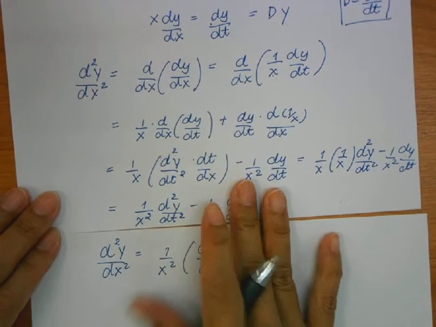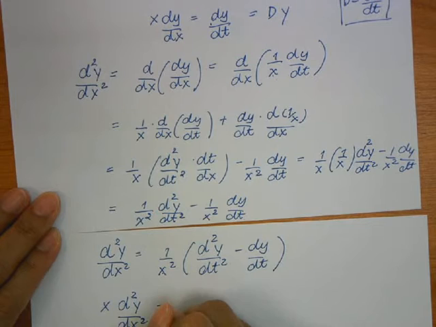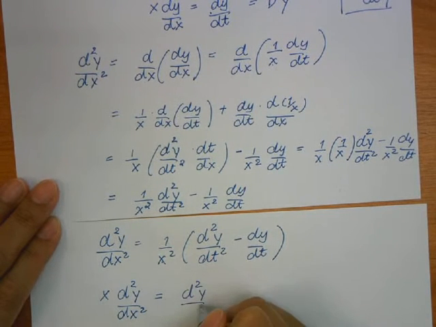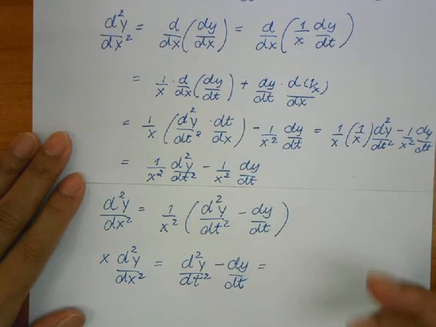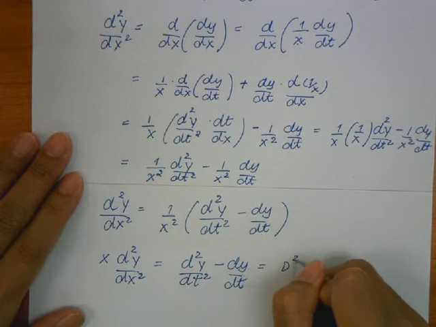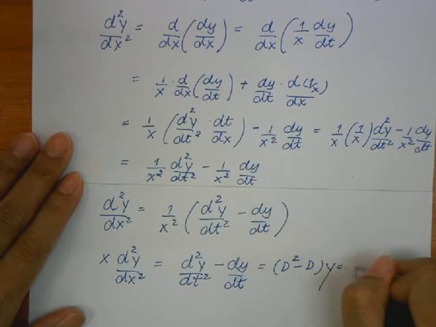You have x squared here, you put it to the term of the second derivative of y by x, so on the right hand side, you are going to write it in the form of operator D. So you would get D squared minus D times y, or D times D minus 1 y.